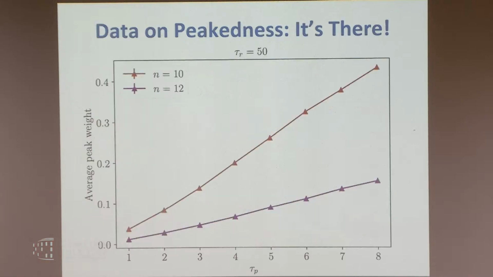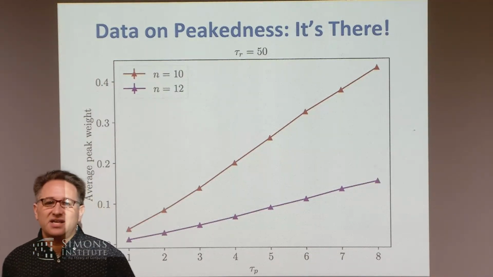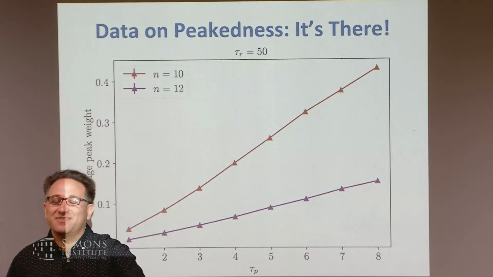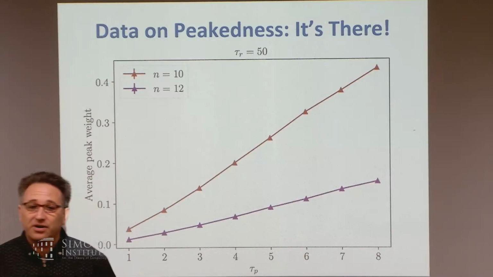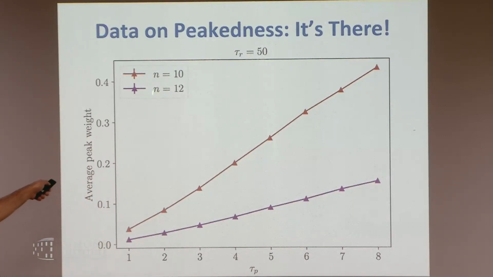We did experiments on this, and the bottom line is we get very clear evidence that there is non-trivial peakedness that you can achieve even when tau p is much smaller than tau r. Here we're looking at 10 or 12 qubits, taking 50 random layers, and a number of peaking layers from 1 up to 8.